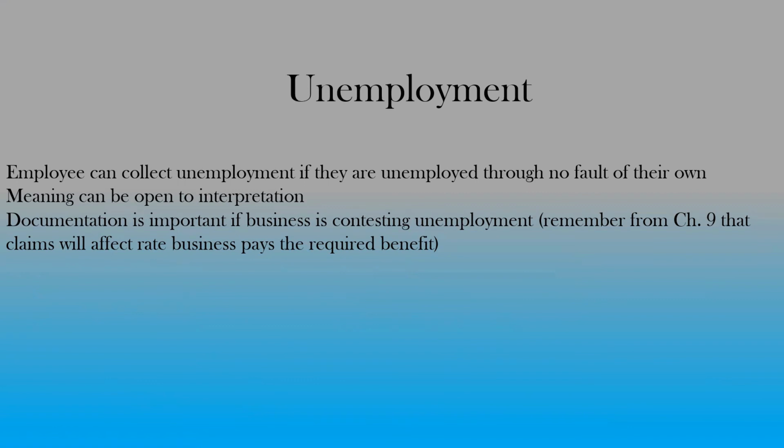So the more unemployment claims that you have, the more your rate goes up. So if you are terminating for cause, you have the documentation, not only through the progressive discipline, but also through their progress reports, any type of documentation as far as how they're doing within their situation compared to standard operating procedures. Right. So if you're going to fight unemployment, make sure you have your ducks in a row.